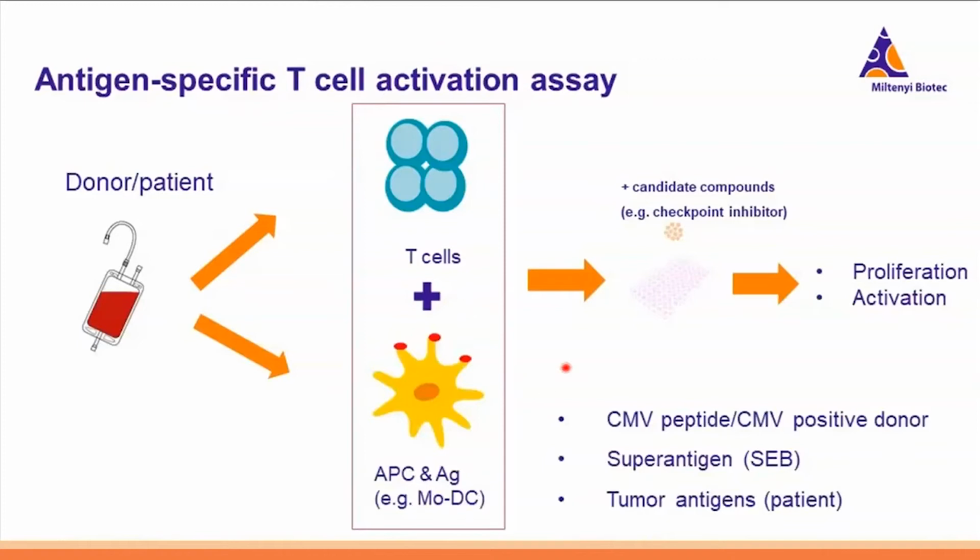You incubate the cell mixture in culture, then add your test compounds, as I said, maybe checkpoint inhibitors, and at the end you measure immune response in forms of proliferation, cytokine production, and so on. Examples of antigens that could be tested in this assay are cytomegalovirus antigens, superantigens like Staphylococcus enterotoxin B, SEB, or perhaps tumor antigens.